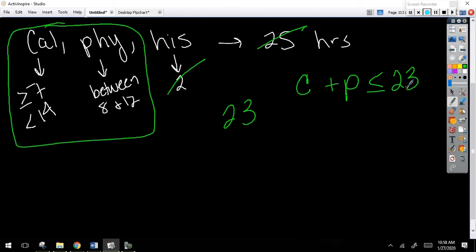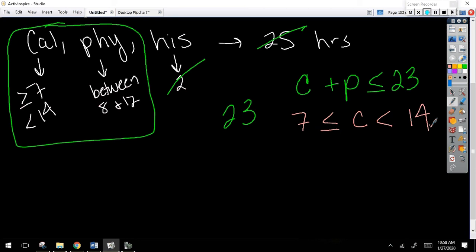This one looks harder than what it is once you get it, because they're all simple, simple, simple. Calculus has got to be between 7 and 14. Between those two values.